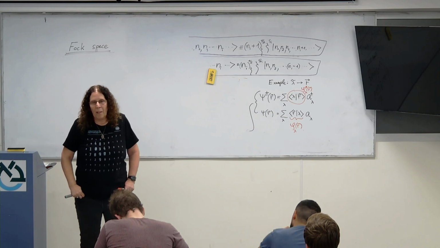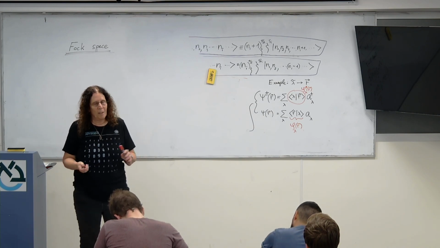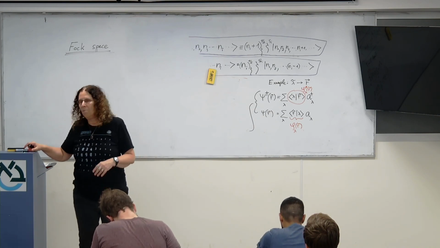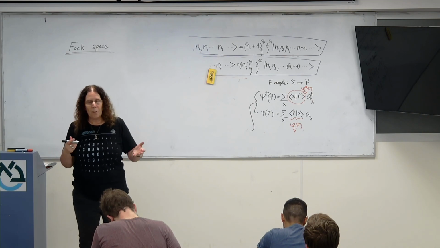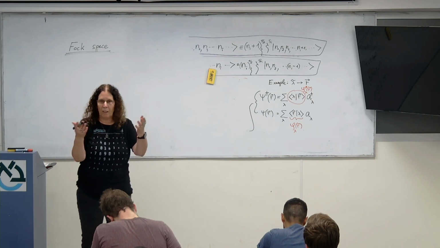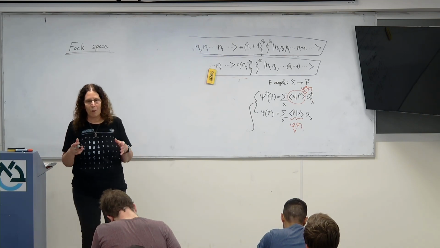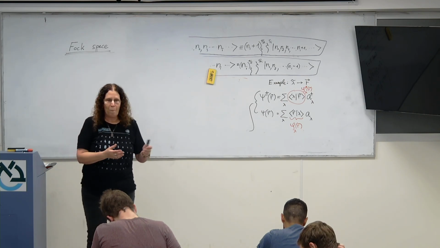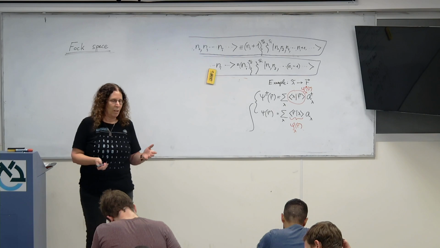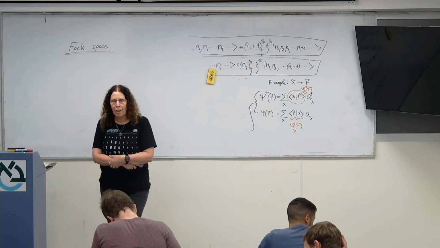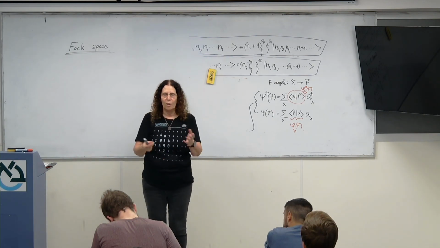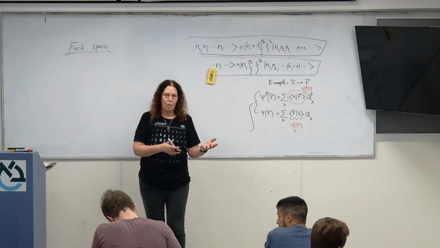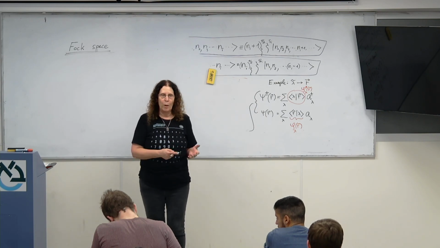So in a single body problem, the operators you have depend on what kind of Hilbert space you're working with. If it's real space, or something described by the Schrödinger equation, you have kinetic energy and potential energy, right? And you have coordinate and momentum.